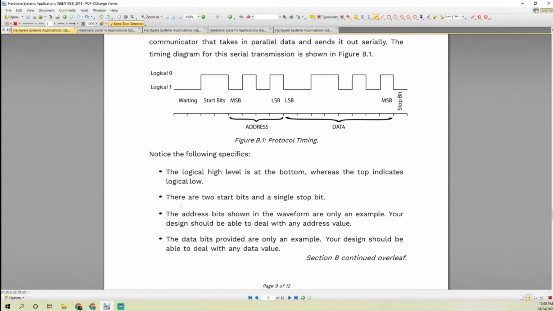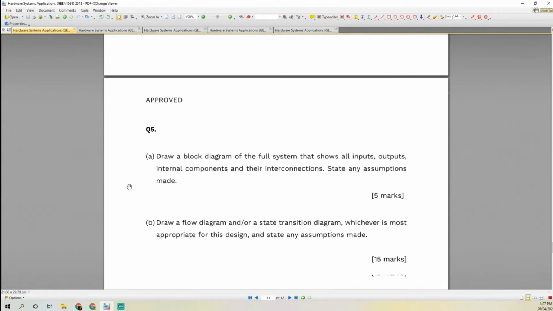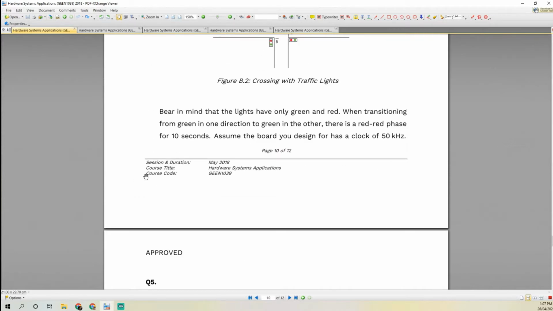So now that we have this here, let's look at how this system could possibly operate. The first thing to think about is what this system is going to look like in terms of its inputs and outputs. The reason we would like to do that is for question 5 part A, which asks us to draw a block diagram of the full system that shows inputs, outputs, internal components and their interconnections, and state any assumptions made.